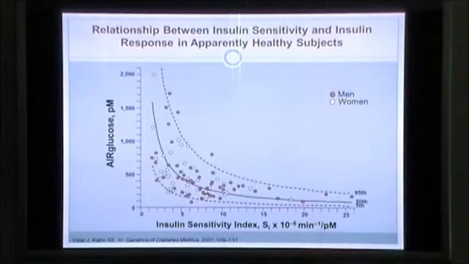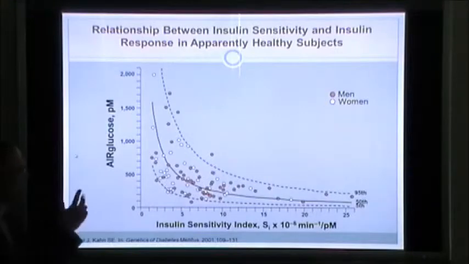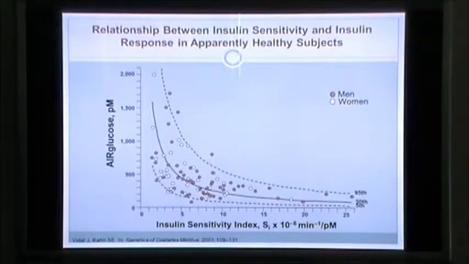Surprisingly, no one showed this slide yet this morning, and I would have expected somebody would have. Basically, this shows the normal relationship between insulin sensitivity and insulin secretion.